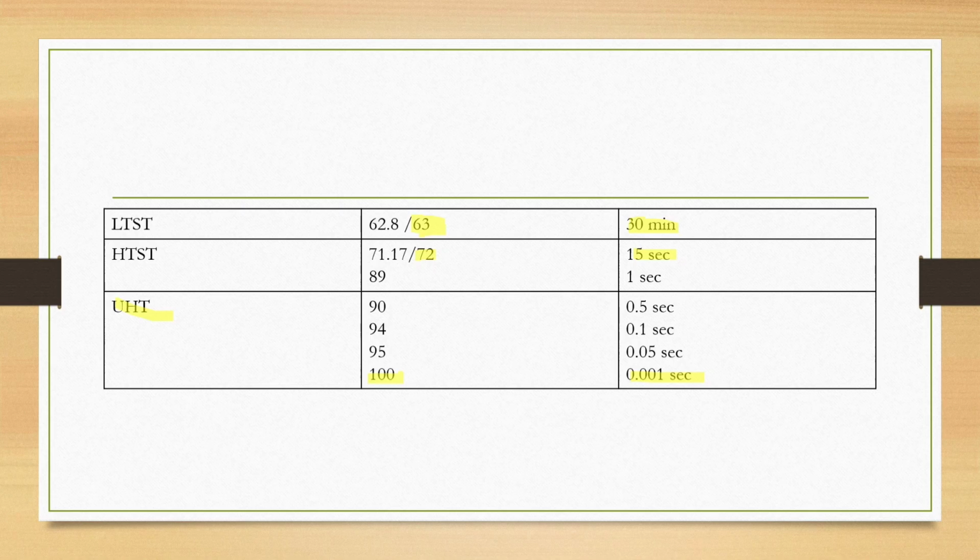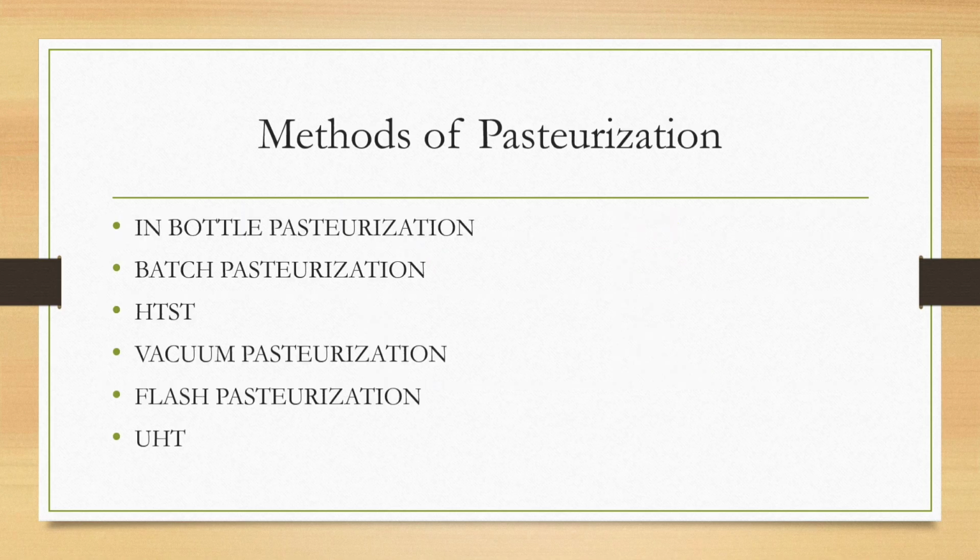Please learn the time and temperature combinations. Now, what are the methods of pasteurization? We have in-bottle pasteurization, batch pasteurization, HTST, which is high temperature short time pasteurization, vacuum pasteurization, flash pasteurization, and ultra high temperature.